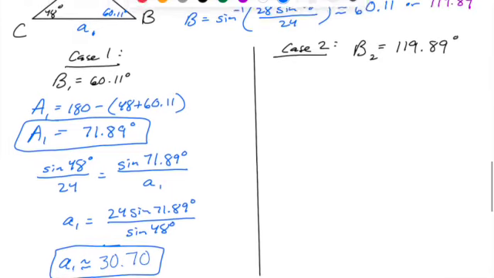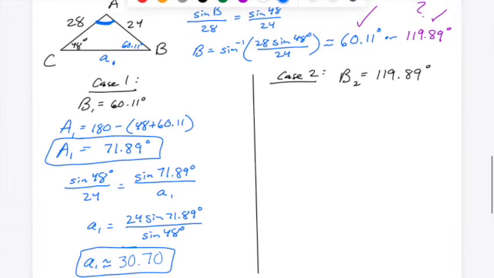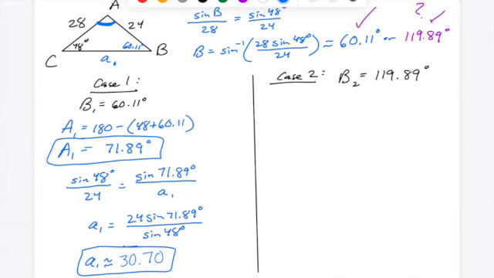All right, so that was just solving that one triangle, but now what about case 2? It's not any harder. It's just trying to stay organized with all this info. Case 2, we have found that B could potentially be this 119.89. So if you're looking for the visual here, that means that B could be an obtuse angle.